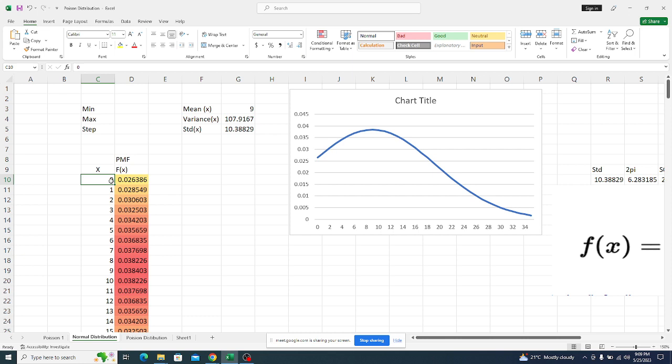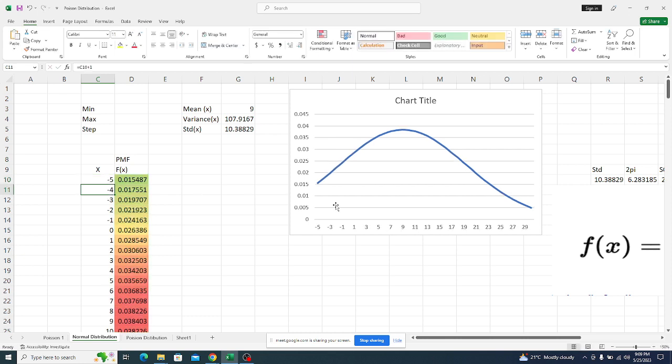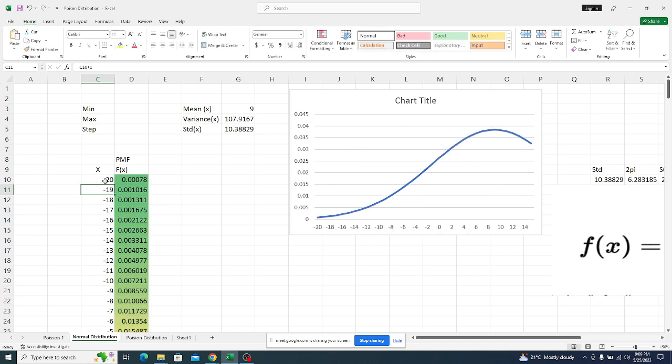Let's try with -5. You can see how the normal distribution is behaving, because this value is extremely small. What about if we go with negative 20?